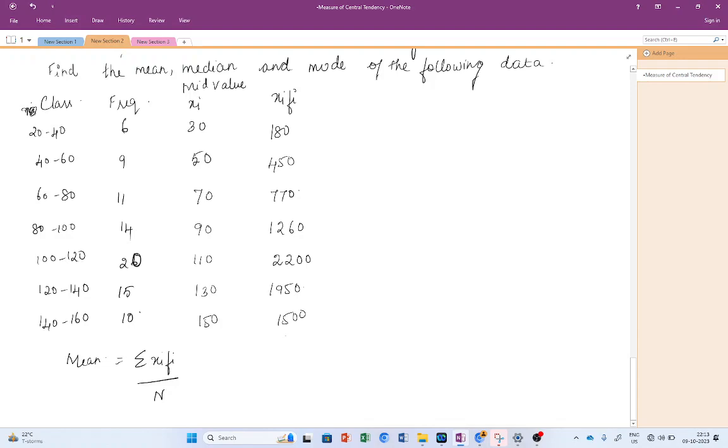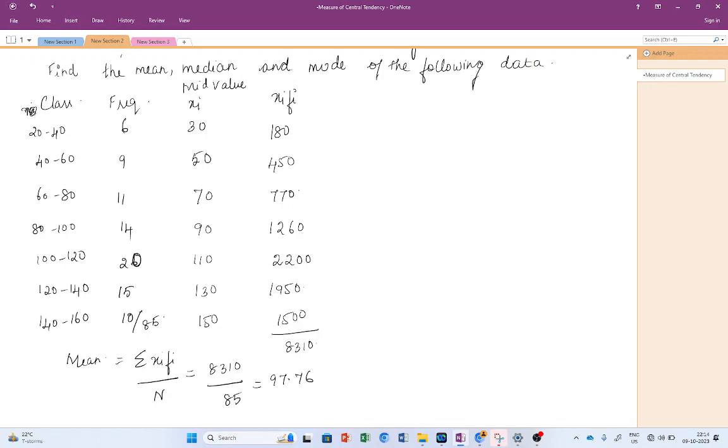So when you sum this, the total will be equal to 8310. And when you sum up your frequency, you get 85. So your mean is equal to 8310 divided by 85. So you get 97.76. So this is your mean.